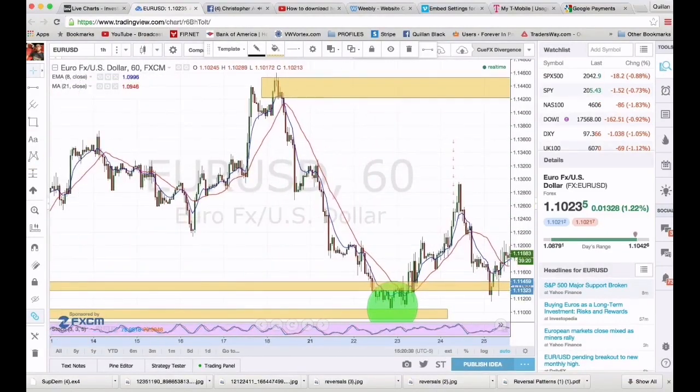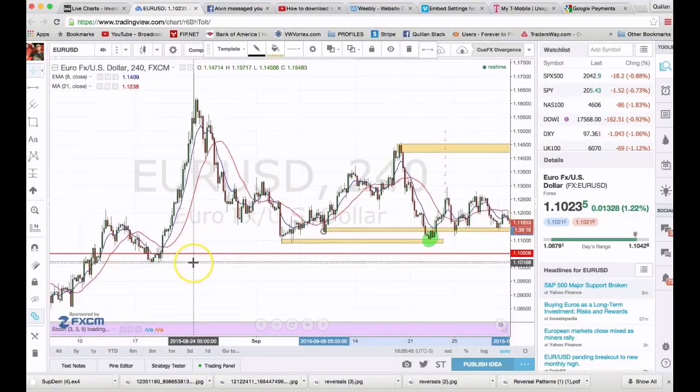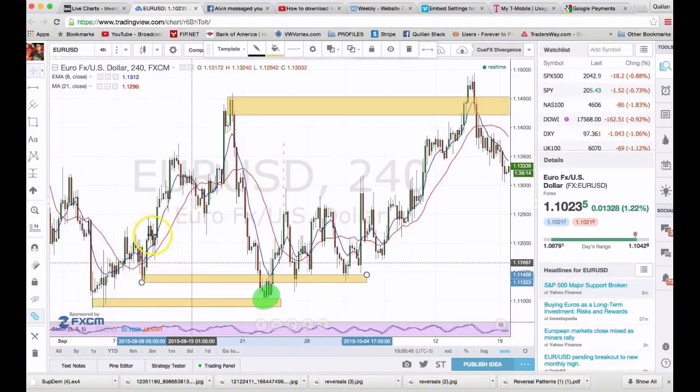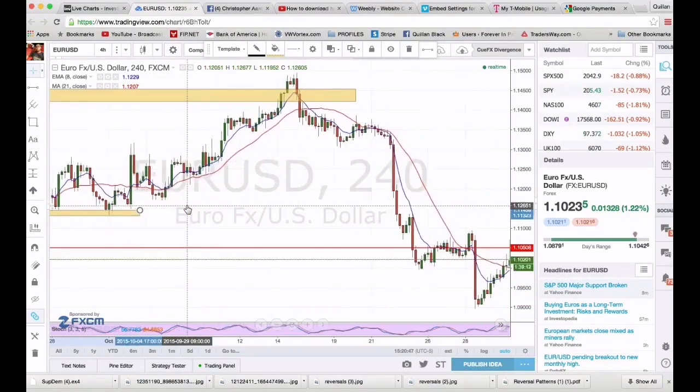And you can do this all day. And just by doing this ahead of time, you could see where the price will struggle once it gets to a certain area in price.